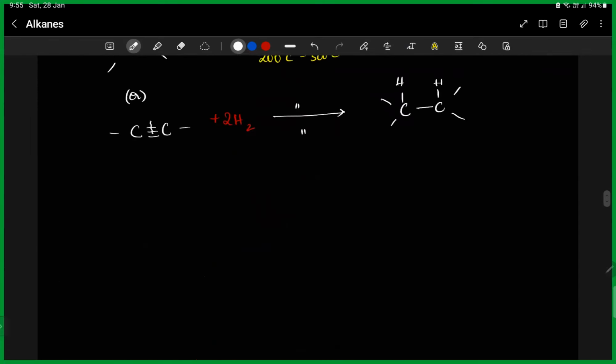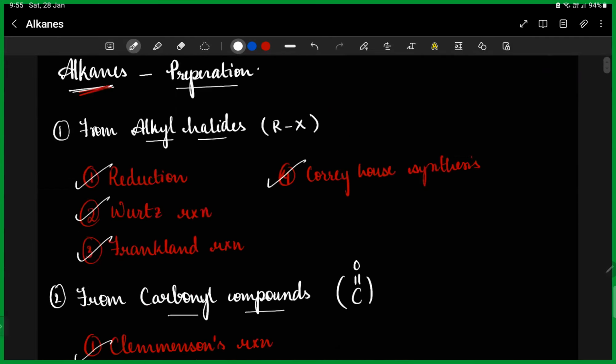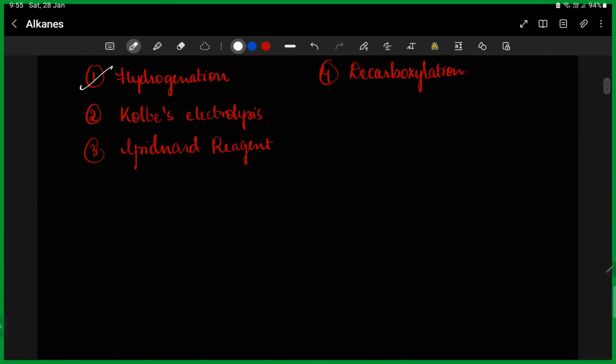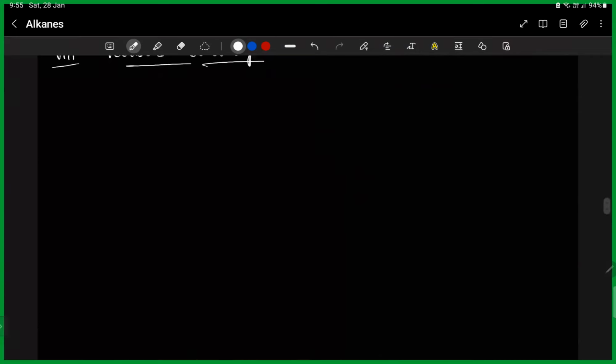Now, after hydrogenation, what do we have? We have Kolbe's electrolysis. We have 10 reactions in total. Kolbe's electrolysis is also a very famous preparation of alkanes. As the name suggests, you are going to electrolyze something here.